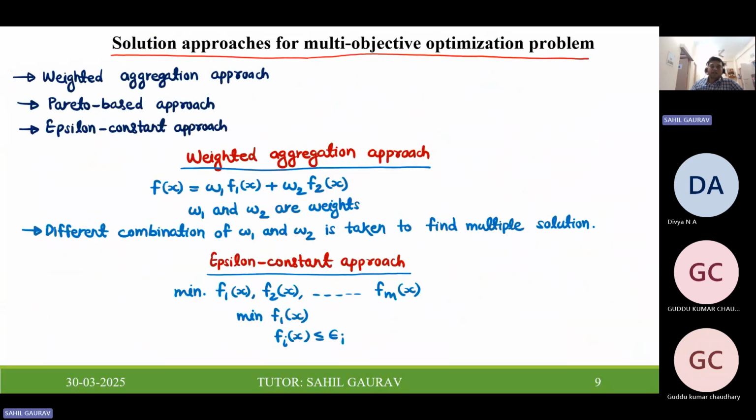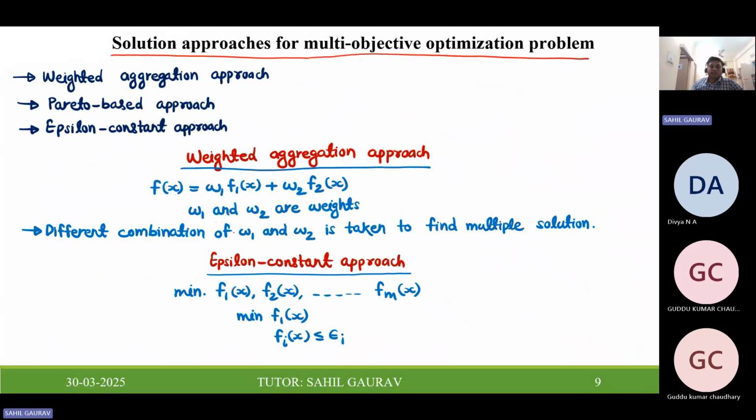So what are the solution approaches for multi-objective optimization problems? These are the weighted aggregation approach, the Pareto based approach, and the epsilon constraint approach. In the weighted aggregation approach, we assign weights to the objective functions, denoted w1 and w2. So here the optimization function is f(x) equal to w1 f1(x) plus w2 f2(x).